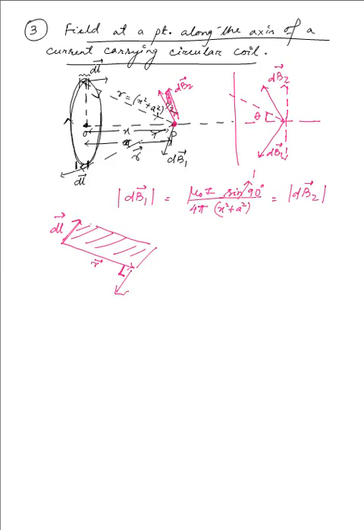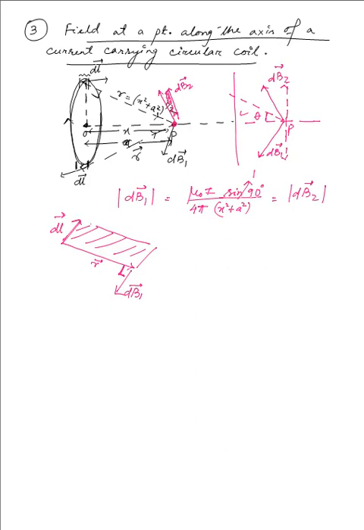So dB1 that I had shown will be perpendicular to this plane containing dl and r. Now, because r is making an angle theta over here at the point P, this dB1 must be making an angle theta with something.